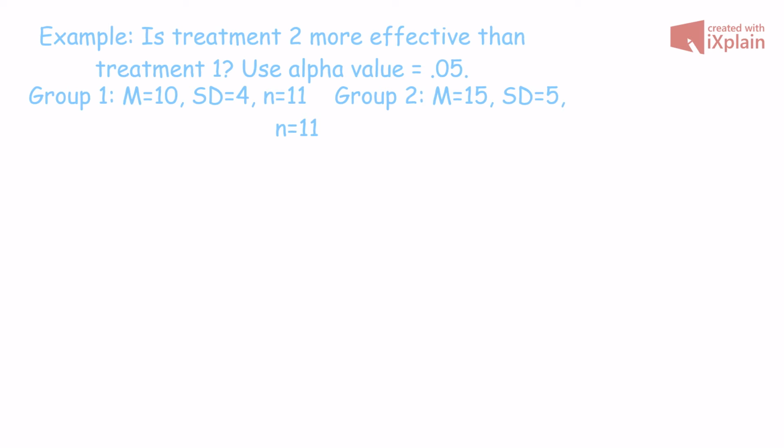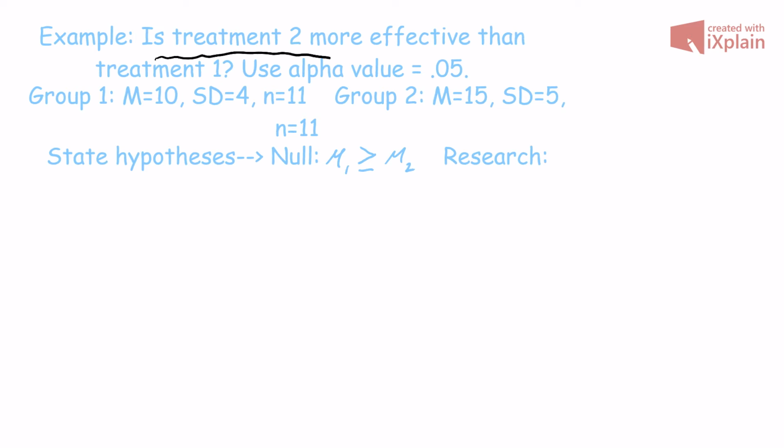So the first thing we need to do is state the null hypothesis and the research hypothesis. The null hypothesis is going to be mu sub 1 is greater than or equal to mu sub 2. This is a one-tailed test because of the way the question is asked.